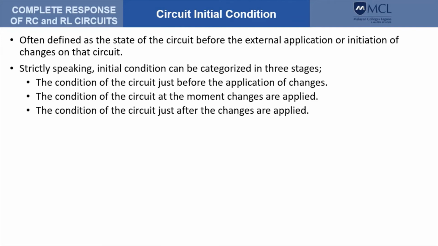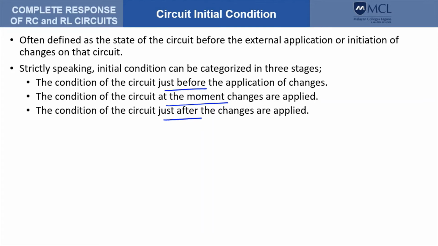In fact, we could classify the initial condition in three stages. That is the condition of the circuit just before the application of changes, at the moment the changes are applied, and just after the changes are applied.